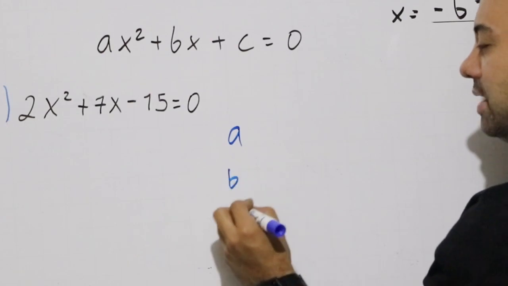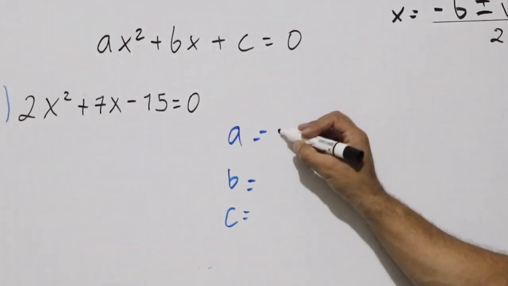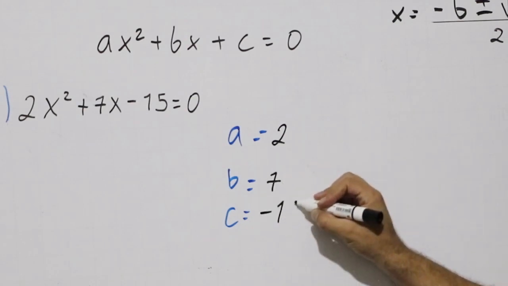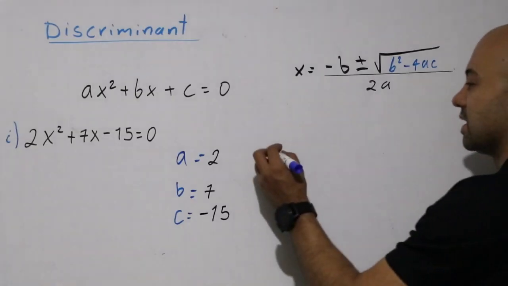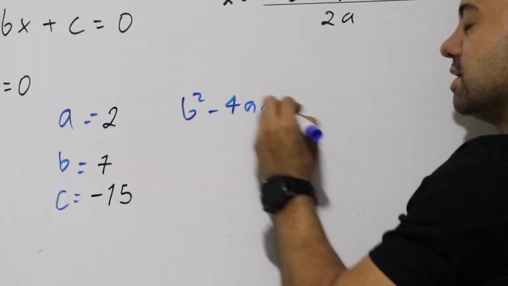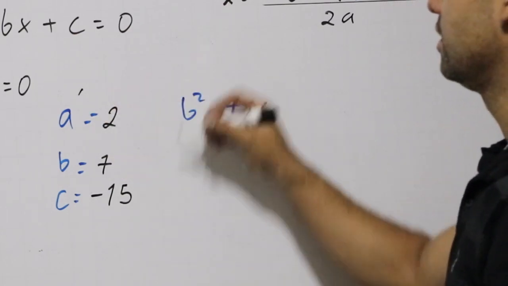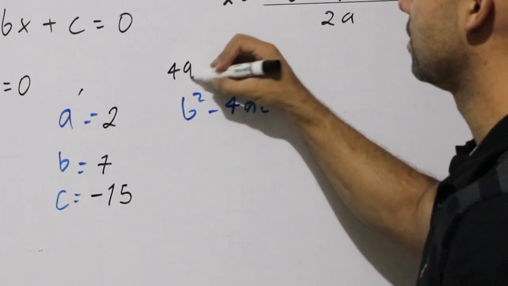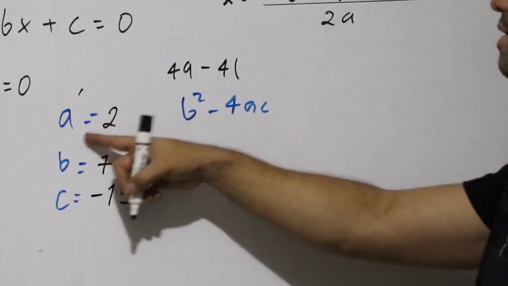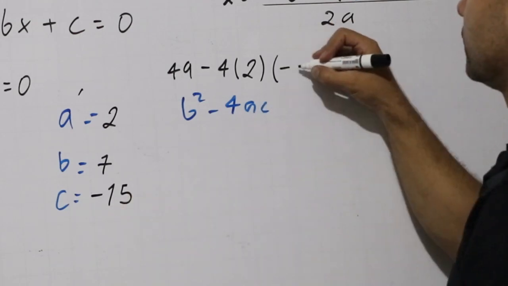So a, b, c, that's in this case 2, 7, and minus 15. So we're going to see the discriminant, and remember, b squared minus 4ac. In this case it would be b squared, 49, minus 4 times a, which is 2, and c, which is minus 15.